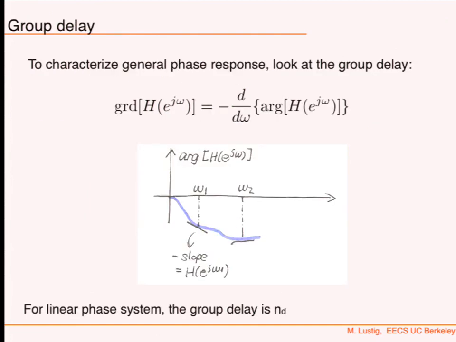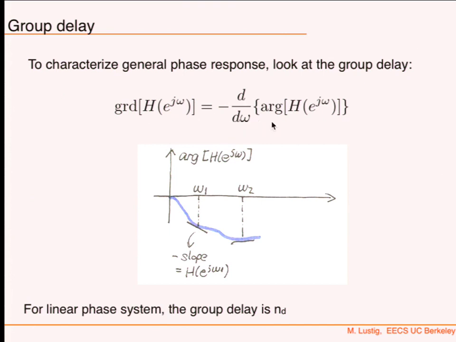And last time we talked about the notion of group delay, which is the negative derivative of the phase with respect to frequency. And that's the negative derivative of the unwrapped phase, not the wrapped phase, because we're going to ignore any jumps that are of the order of 2π. Okay? So the unwrapped phase.